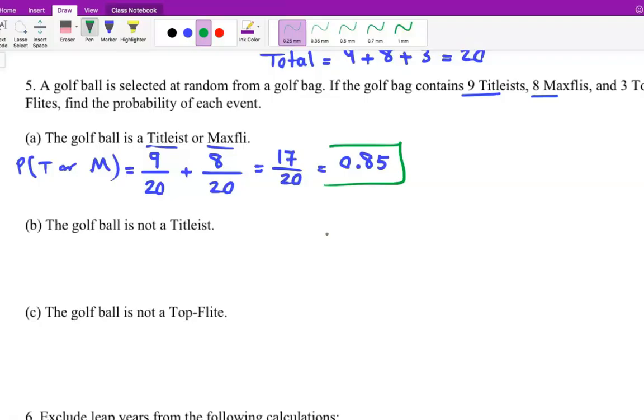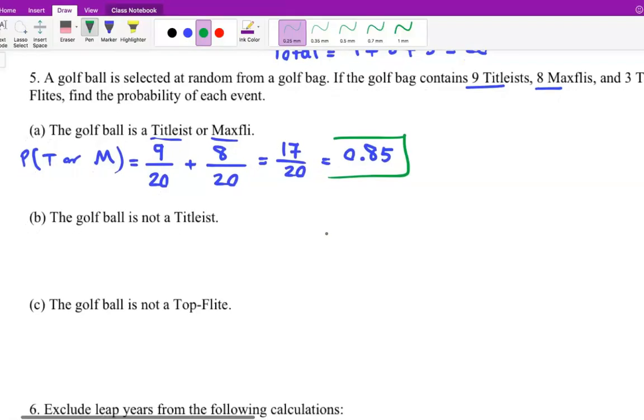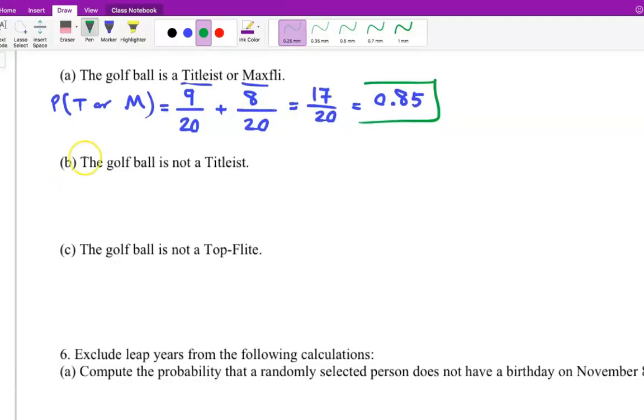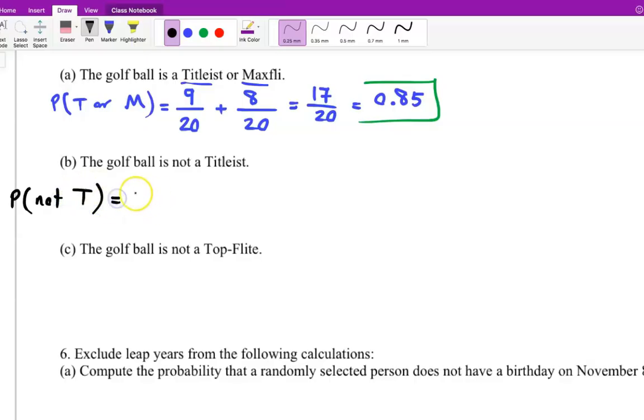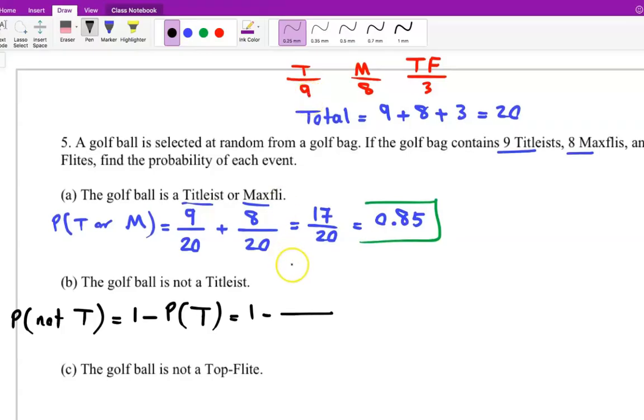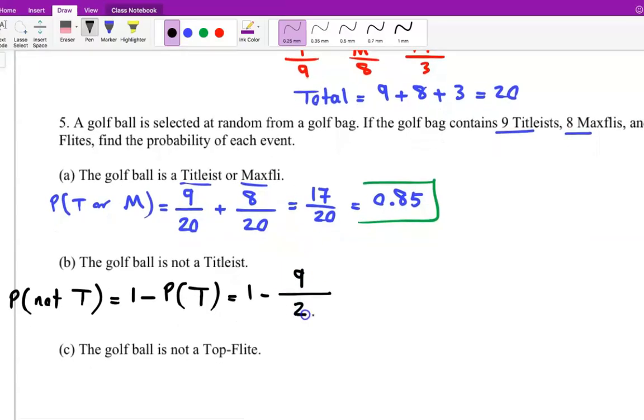Now part B, the golf ball is not a Titleist, so probably this is not T. That is equal to 1 minus probability of T. So it's 1 minus 9 over 20 in total. The answer is 11 over 20, and it's 0.55.